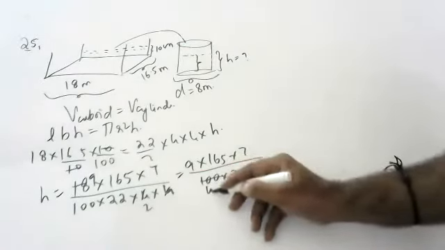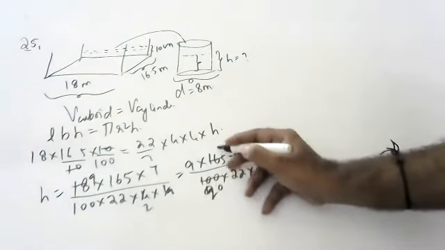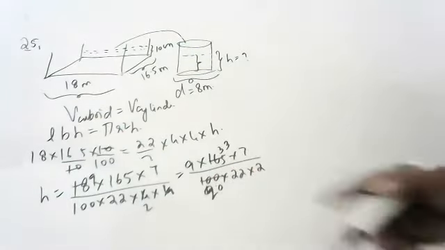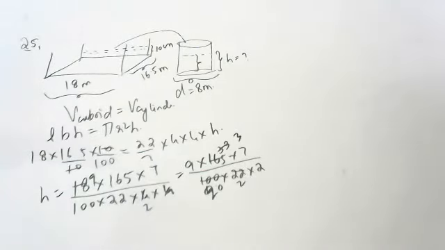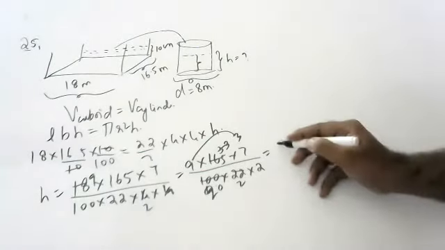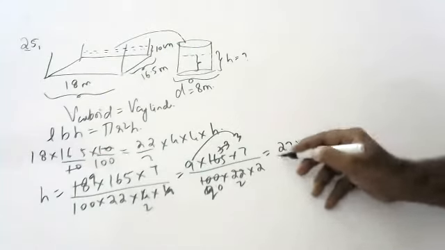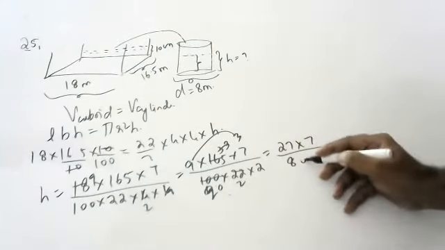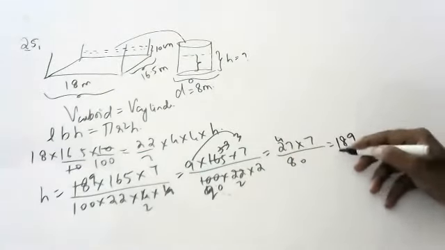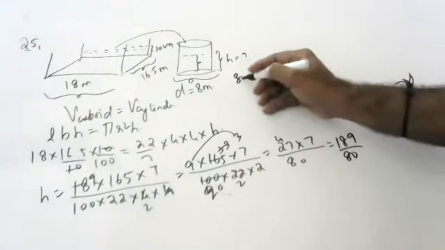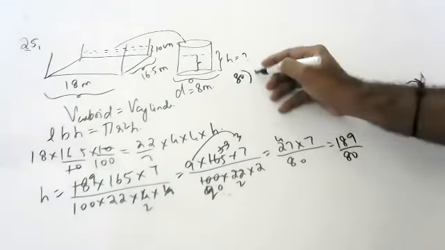Okay, 5 20s are 100, 5 33s are 165. Now 11 will go. 27 into 7 by 80. 7 7s are 49, 7 2s are 14, 189 by 80. So 80 into 2 is 160.